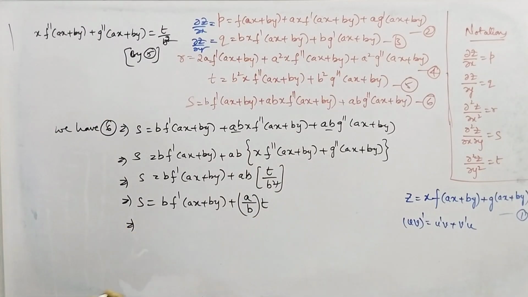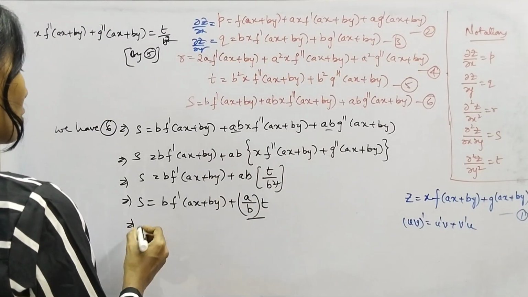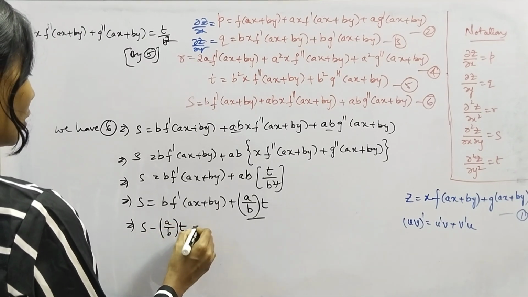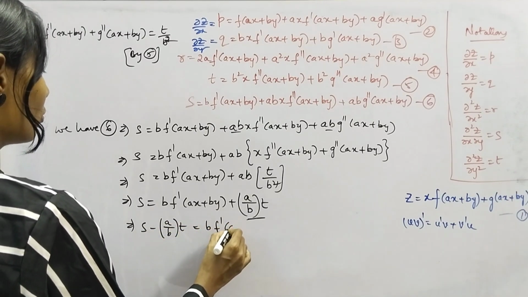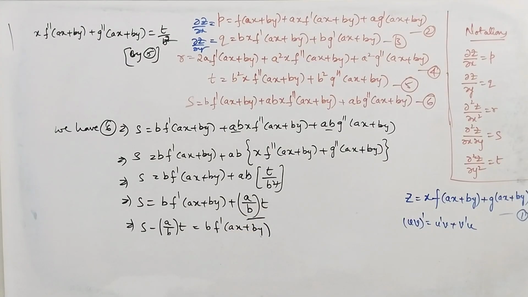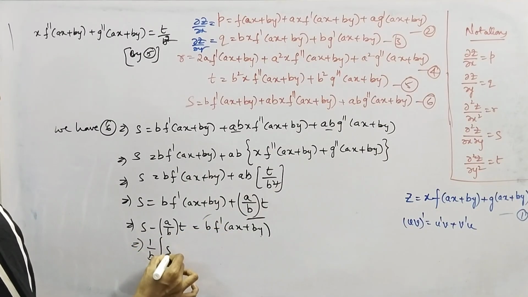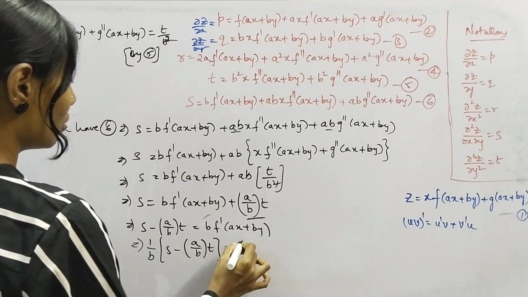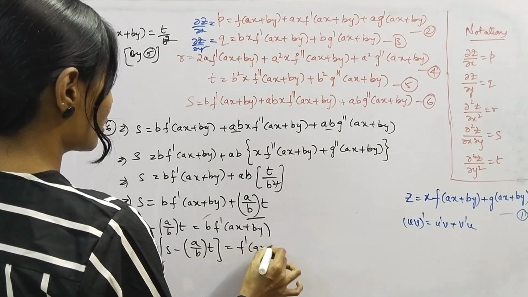Right? What we are going to do is we'll just bring this term to LHS. We'll get s minus a by b into t equal to b into f dash of ax plus by. Now let's bring this b to LHS. We'll get 1 by b times s minus a by b into t equal to f dash of ax plus by.